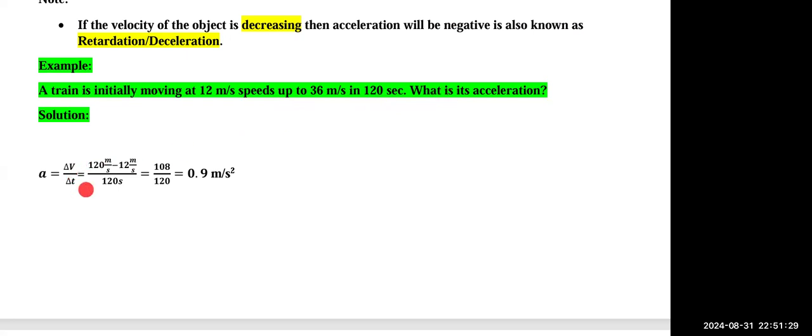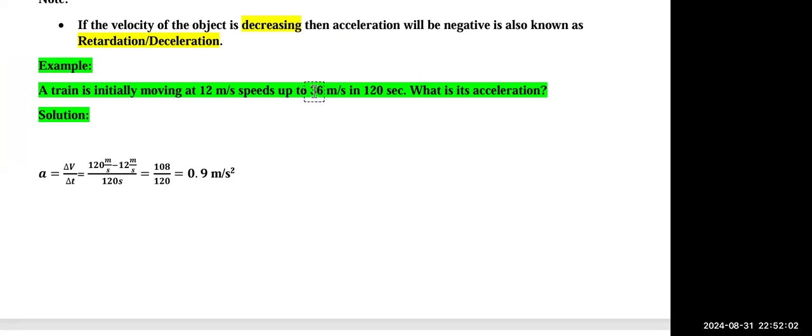Then you have to apply the formula. Acceleration is equal to change in velocity per unit time. Okay, I think this is a typing mistake. Here you have to write the term 120 minus 12.